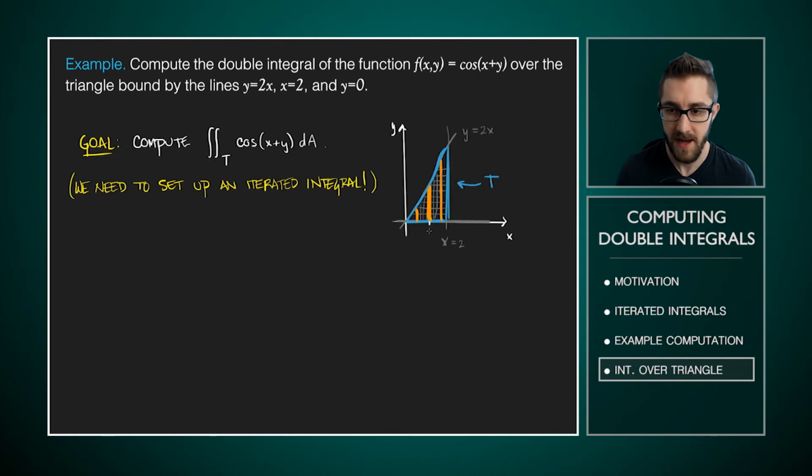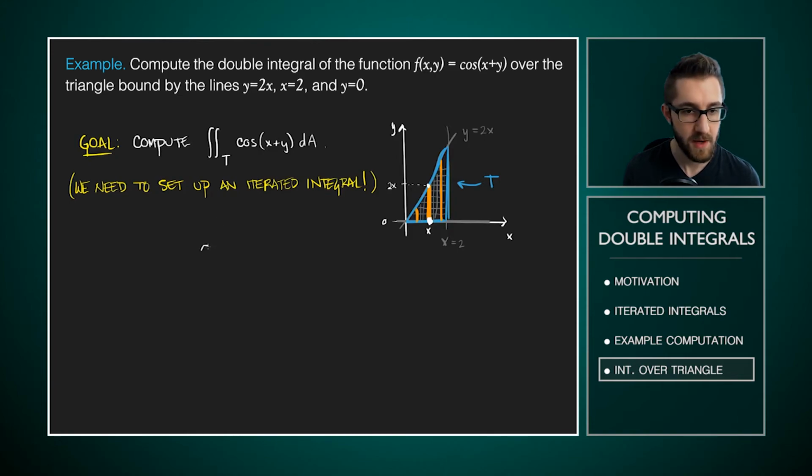If we look at an x value between 0 and 2, say here, then this column extends from y equals 0, which is the x-axis, up here to a y value that depends on x. This is the y coordinate here. If this is x, the y coordinate here is 2x, because this point lies on the line y equals 2x. What that means for our iterated integral is that the bounds on y are going to depend on x.